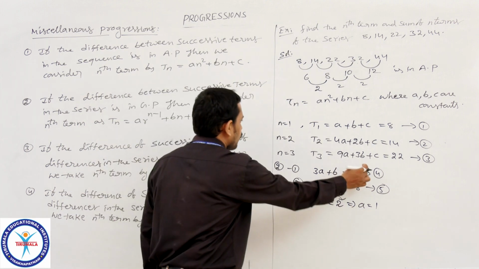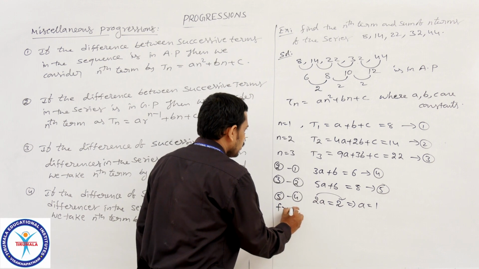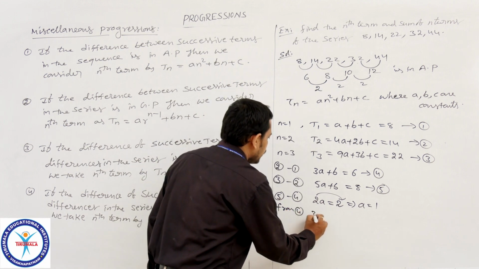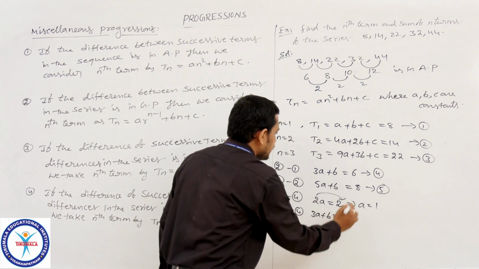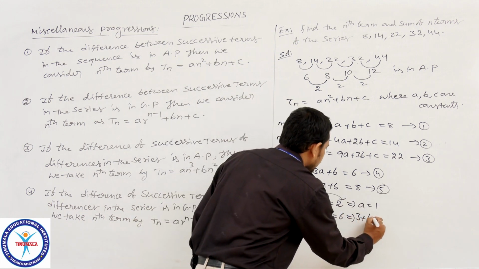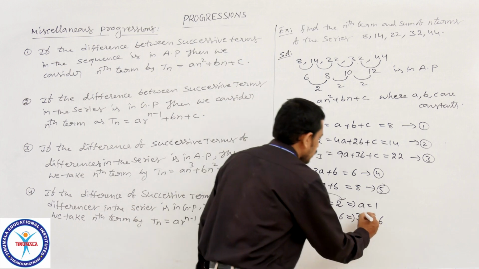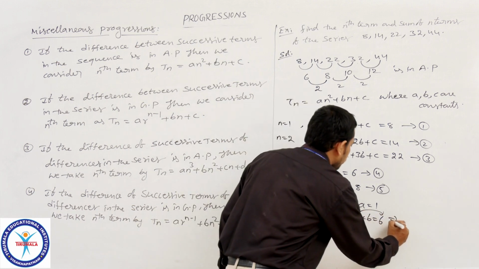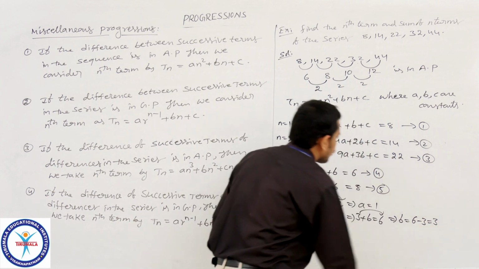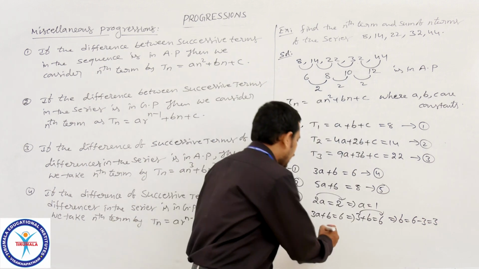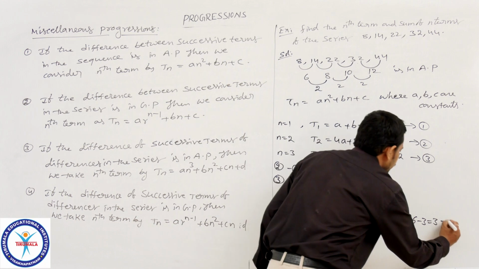Then from equation 4, 3a + b = 6. A is equal to 1, so 3 + b = 6. By transposition, b is equal to 6 minus 3, which is 3. So we have b equal to 3.